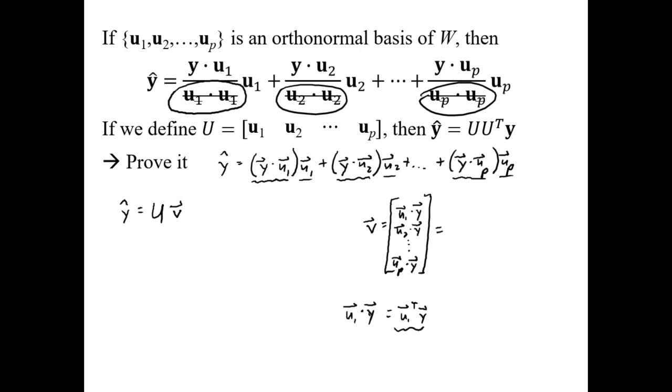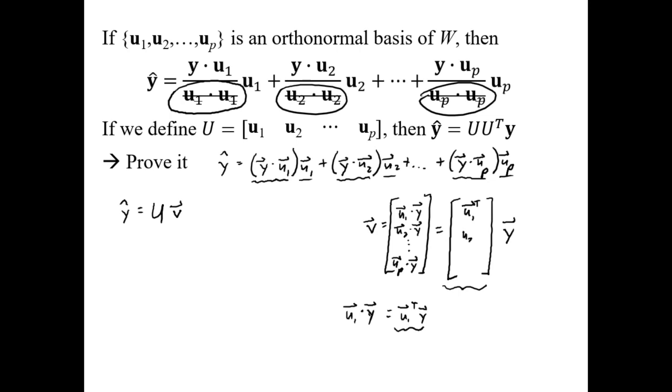In other words, I'm making U1 transpose the top row of a new matrix, and that's being multiplied by y. Because remember, U1 is a vector, so this is a big full matrix. The top row is U1 transpose because it's sideways, and when I multiply that top row by y, I'm basically doing the dot product.